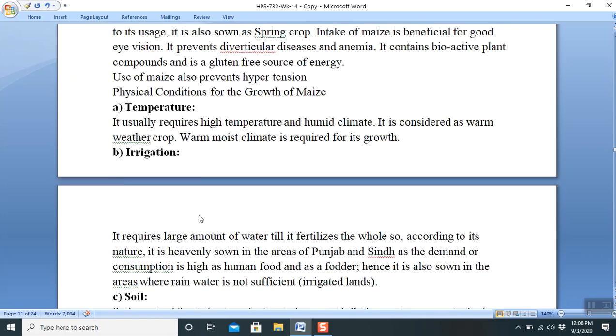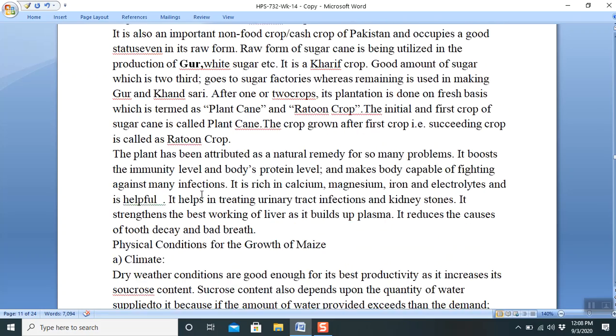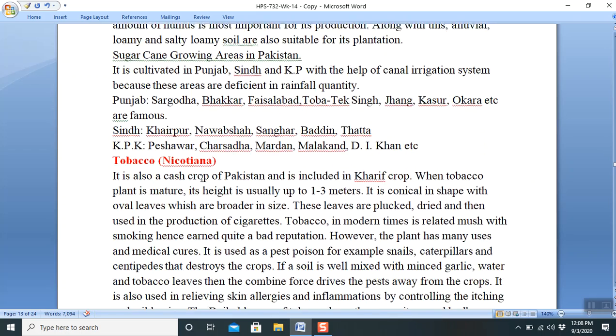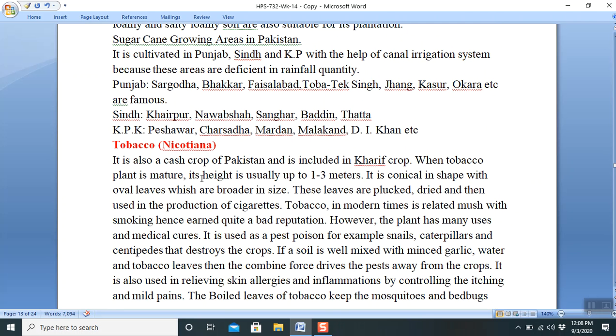After the maize we go to the next very important crop, tobacco. Tobacco is also a very important kharif crop, and it is used for enjoyment. Nicotine is the element which is found in tobacco. The areas of KPK, like Mardan, Swabi, and other areas, are very famous for tobacco.